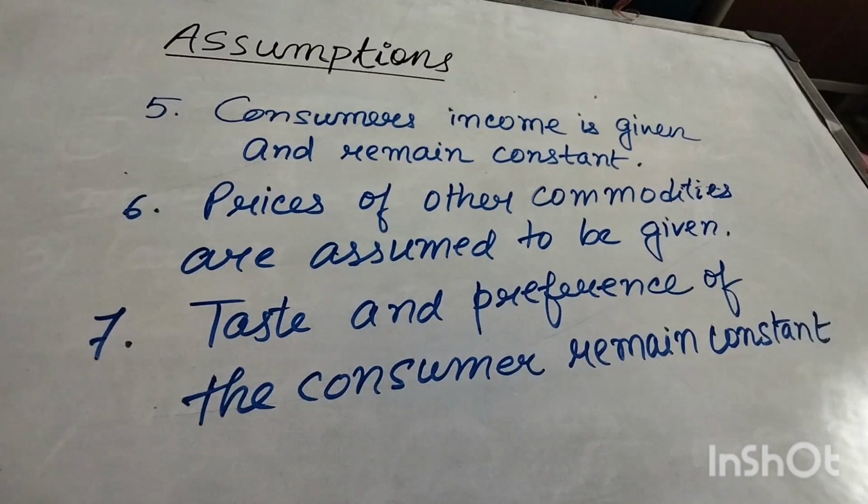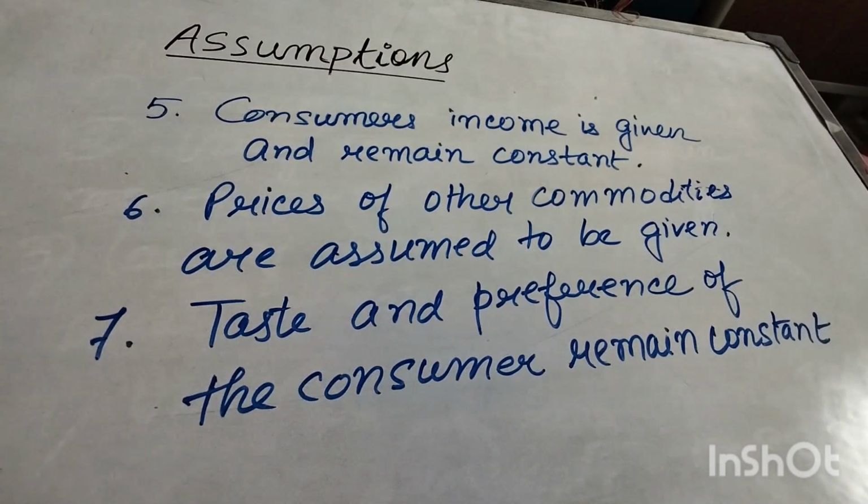Next assumption, the consumer's income is given and remains constant. The income of the consumer here will not change. Next, the prices of the other commodities are assumed to be given. Next, the taste and preferences of the consumer also remain constant.